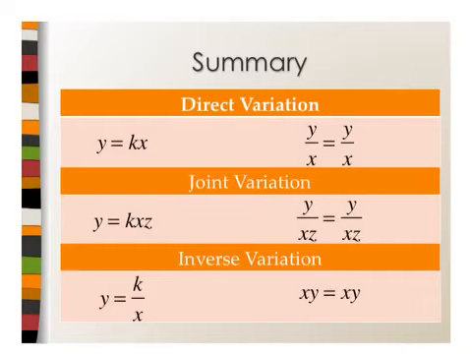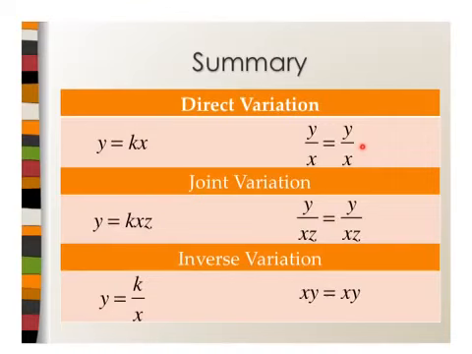And now here is kind of a summary of what I was saying about the two different approaches. The one on the left, these are the original definitions of direct variation, joint variation, and inverse variation. And so this is the approach that I generally take to solve these types of problems. Other teachers and other sources might show you this technique over here on the right-hand side. Like I was saying, for direct variation, you can just set up a proportion of your two variables.